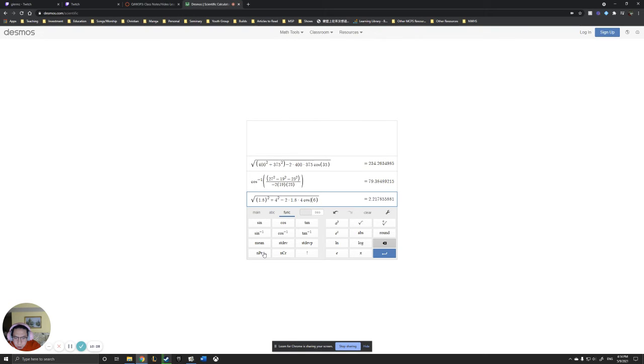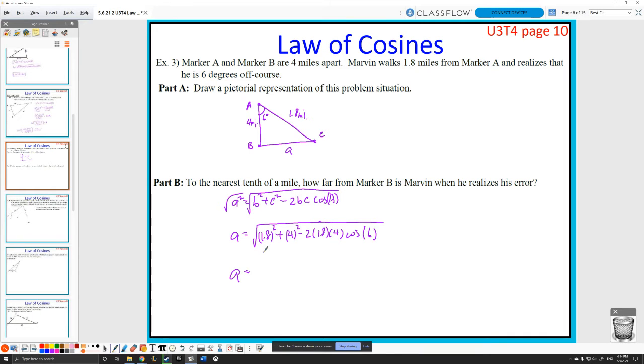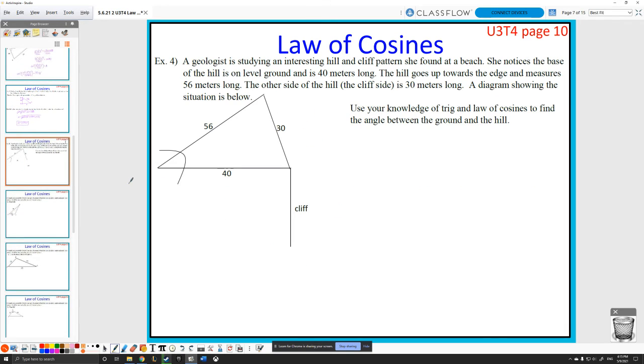Yeah, this all looks good. So 2.22, 2.22 miles. Not too shabby on that one.